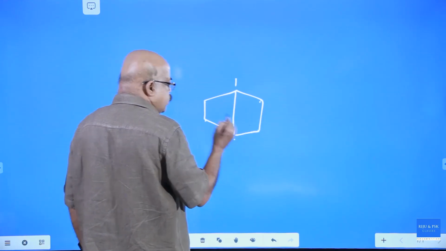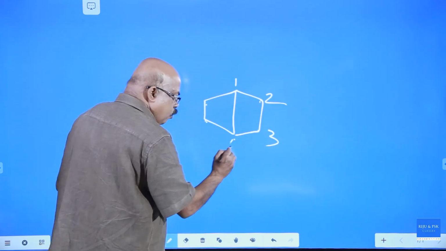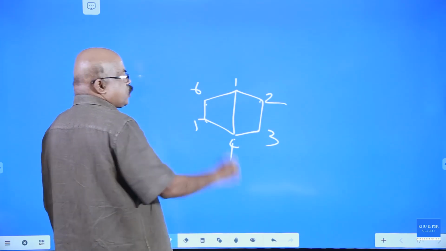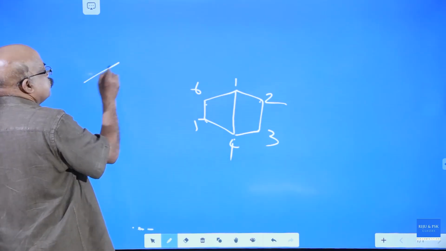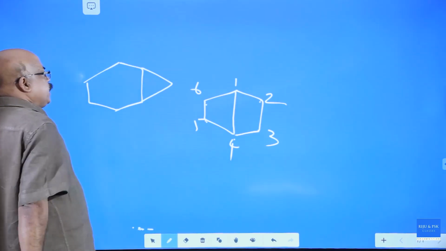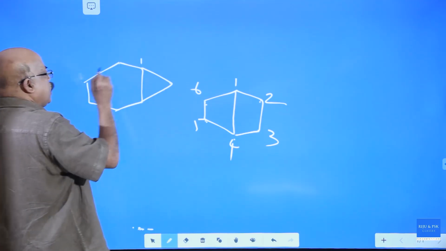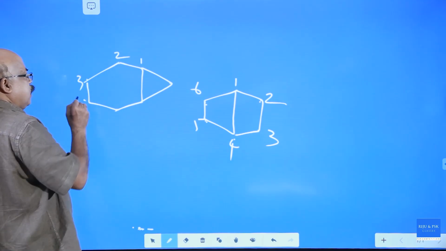Here 2 carbons, here also 2 carbons. Numbering may be from any side, 4, 5, 6. Bridgehead 1. It is a 1 carbon bridge. It is 1, 2, 3. So numbering from here.